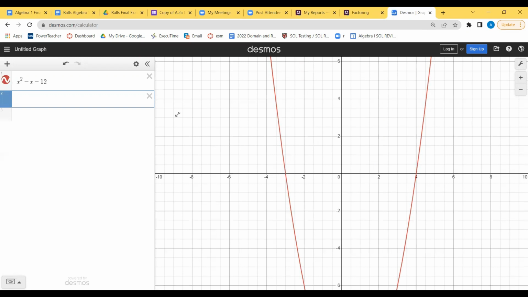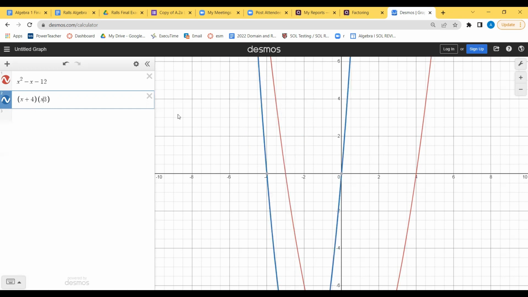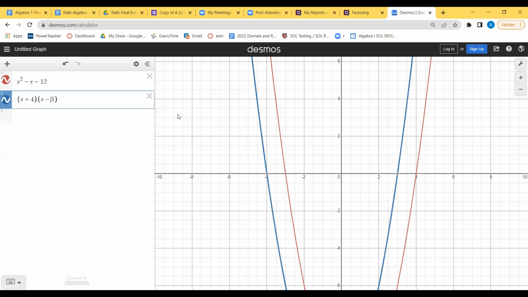But if I pick my factors, it will still give me the exact same graph. You see that? This graph went right over the red graph. But for yours, you had x plus 4 and x minus 3. And look, you see how the red and the blue don't coincide? That lets you know that that's not the same answer. That's one way of checking it.